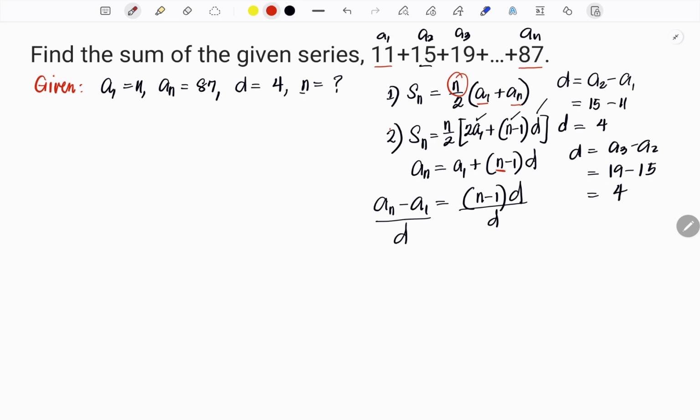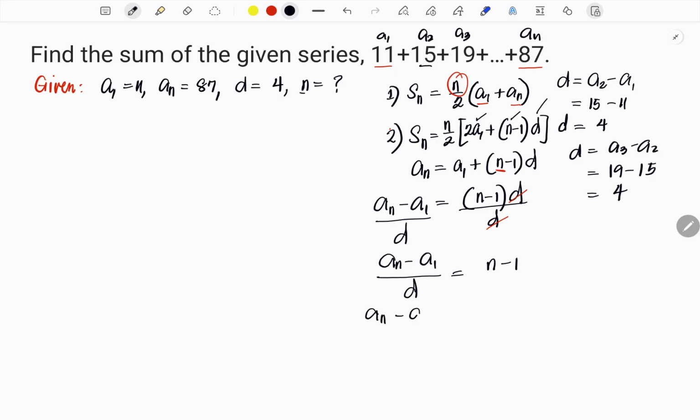So we can cancel out d here, and we have a sub n minus a sub 1 all over d is equal to n minus 1. So all we need is n. So we need to transpose negative 1 to the left.